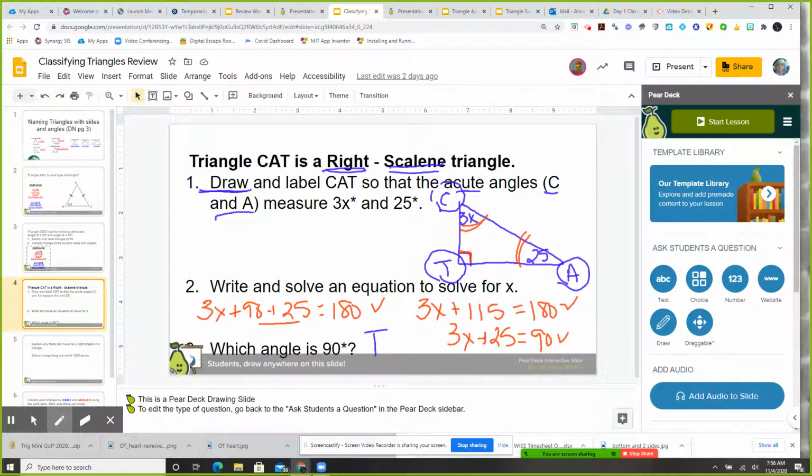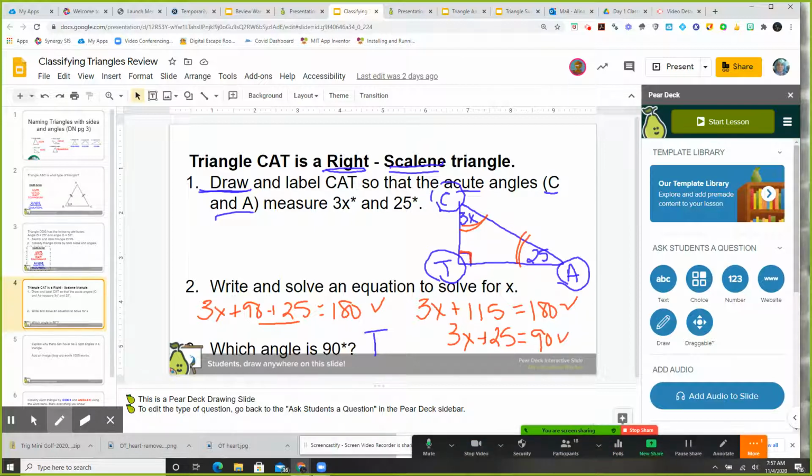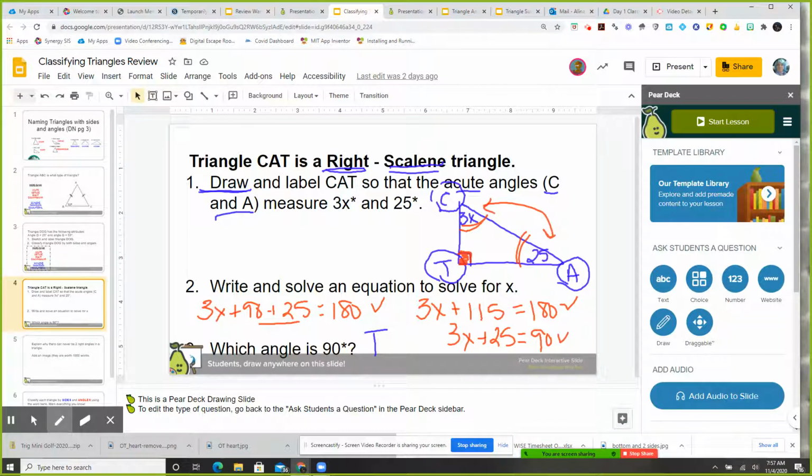All three of those equations will work 100% every time. If you have a right triangle and you know that one of the angles is 90, then these other two angles have to equal 90. And in every triangle, no matter what kind of angles, they're going to add up to 180. So all you have to do is solve for x. You've got to solve one of those equations. So I want you to take time right now and solve one of those equations. I don't care which one, just solve one of them.